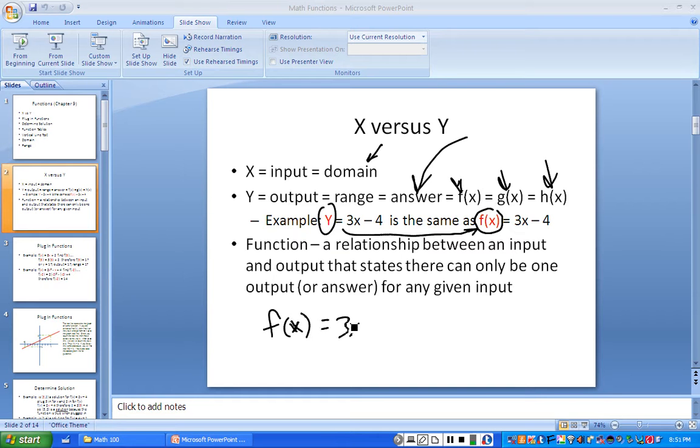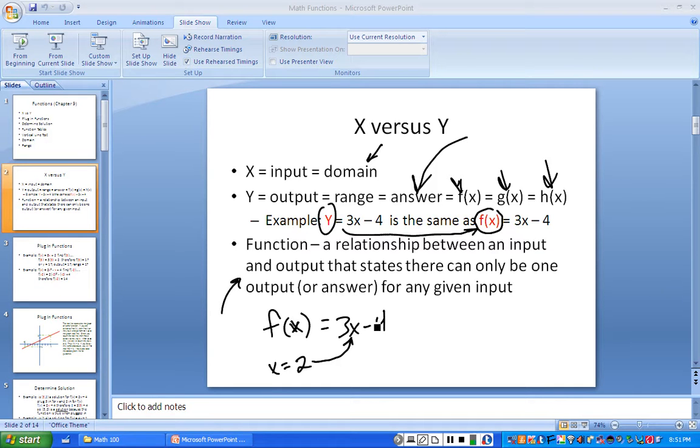Basically, let's go back to this function we have here, f of X equals 3x minus 4. All we're trying to say with this definition is that if I choose some input, let's say I choose to make x equal to 2, I will plug it in right where the x is.